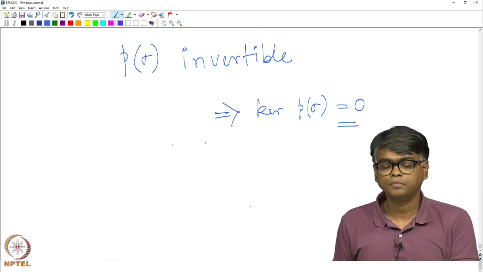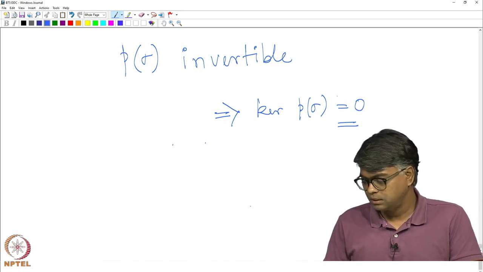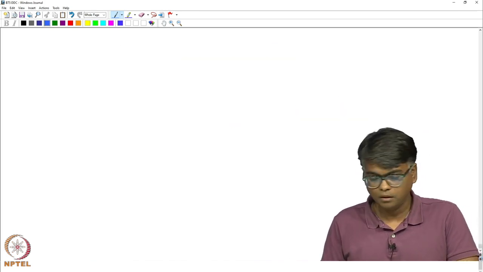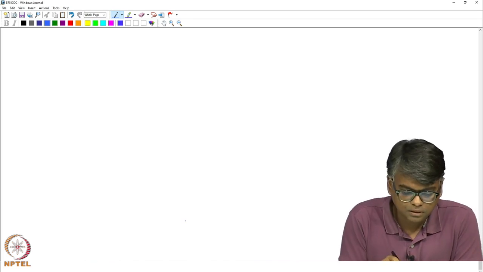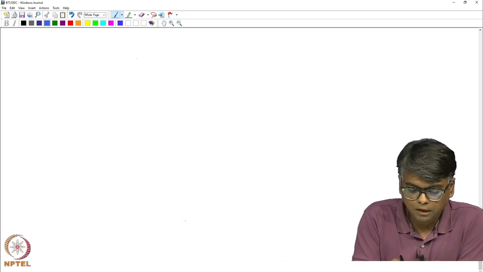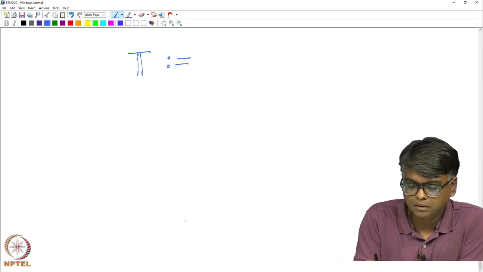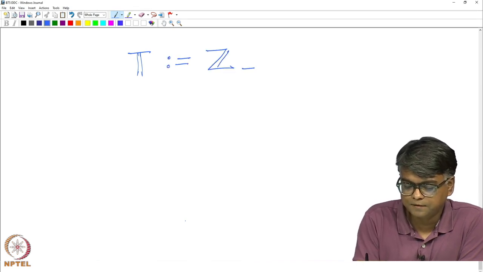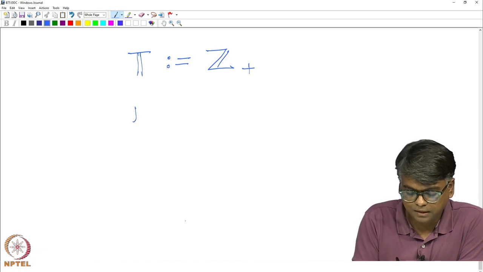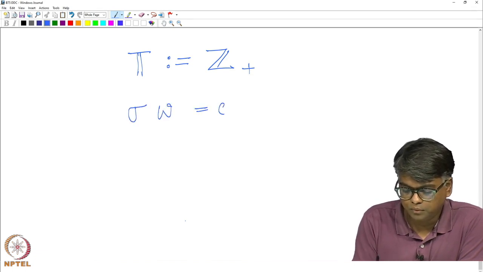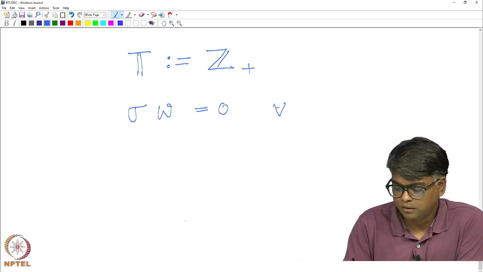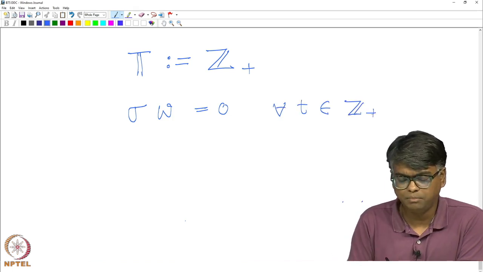Now notice that if we have our T to be just Z plus, and on that I define sigma acting on w equal to 0 for all t in Z plus, what does this mean?